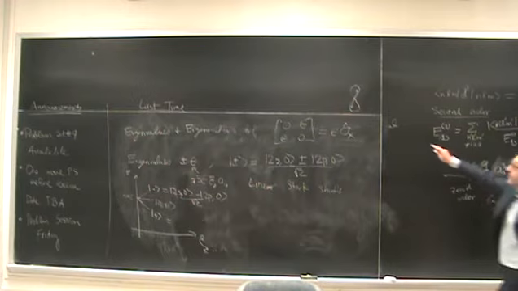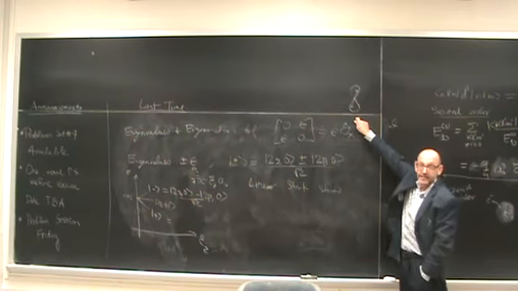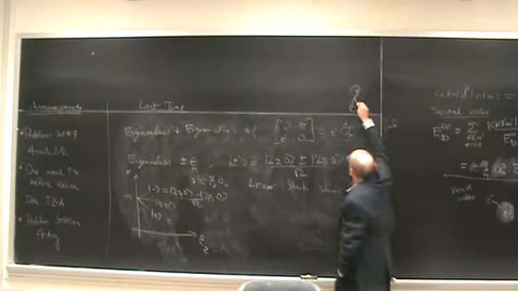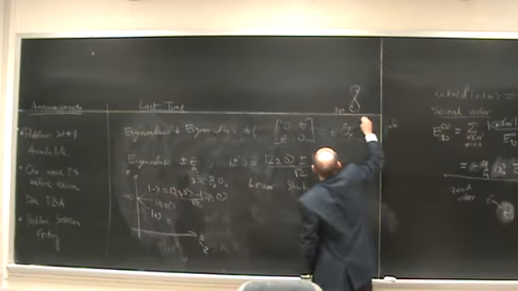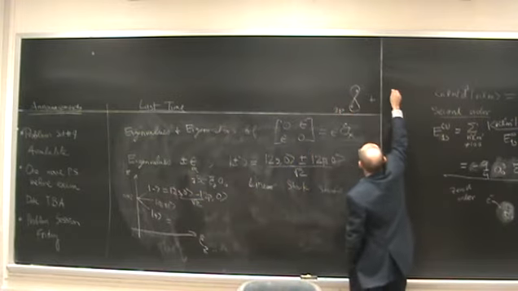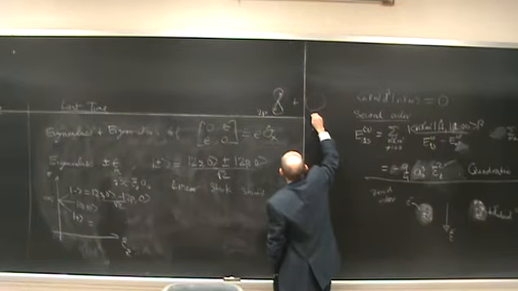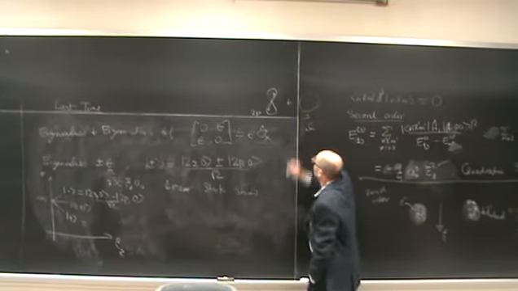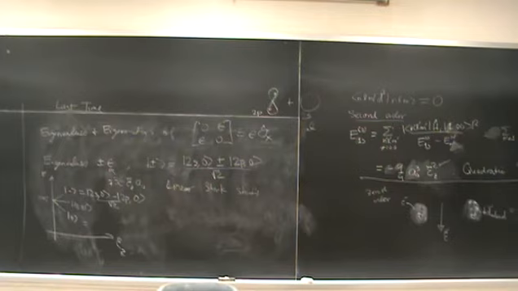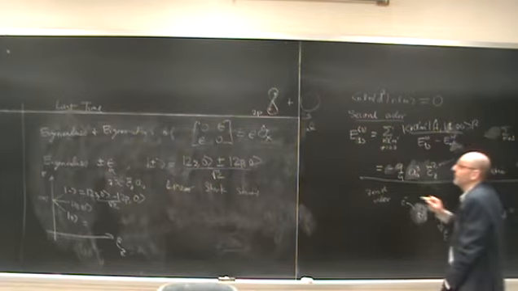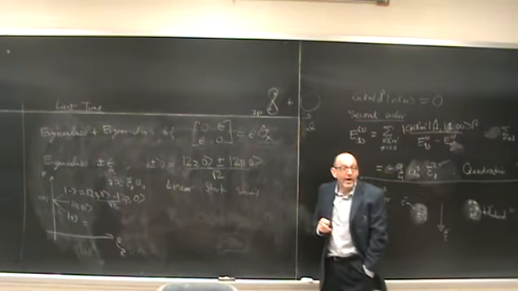Even though this is an eigenstate, say the 2p, a superposition of 2p and 2s is also an eigenstate with exactly the same energy. So I don't have to think about L being a good quantum number.